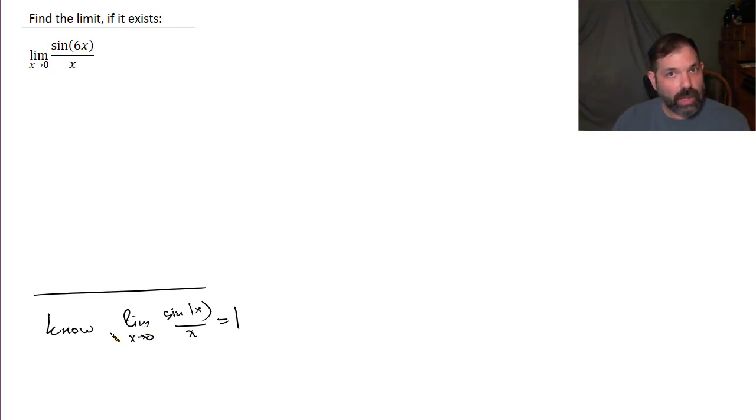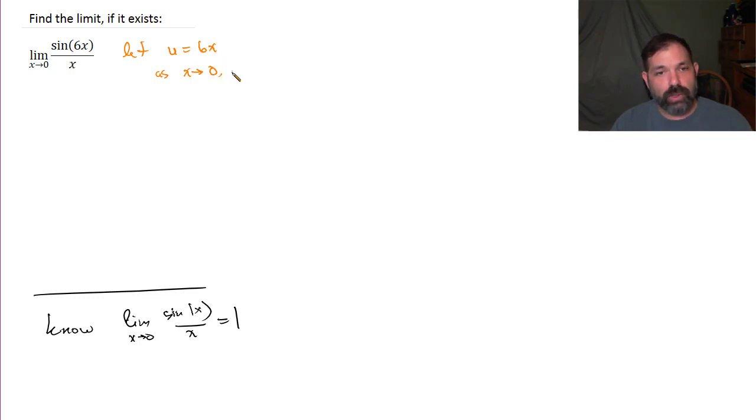This is an important concept in higher mathematics, the idea of a substitution. So here's what I'm going to do. I'm going to let u equal 6x. If u is equal to 6x, then as x approaches 0, what happens to 6x?